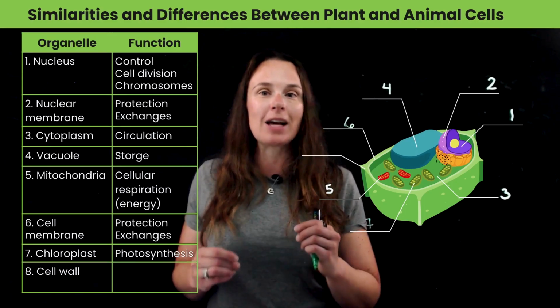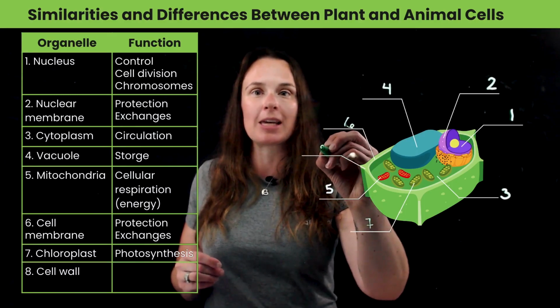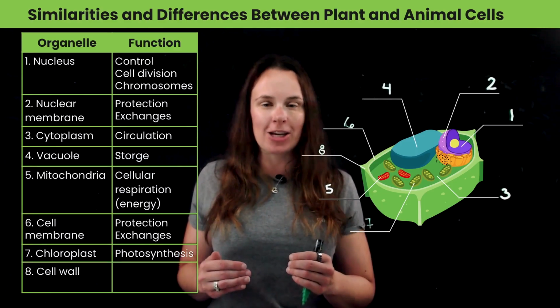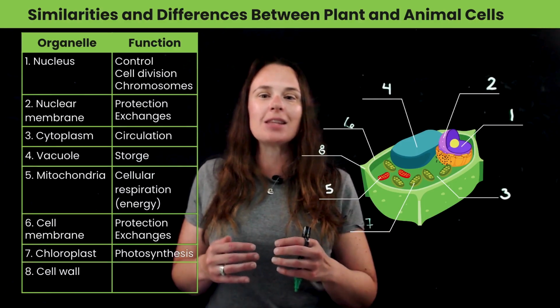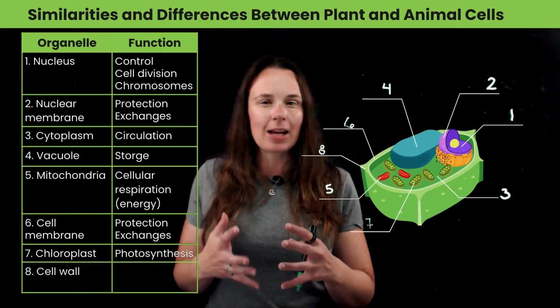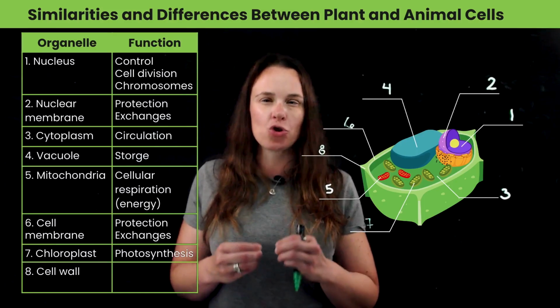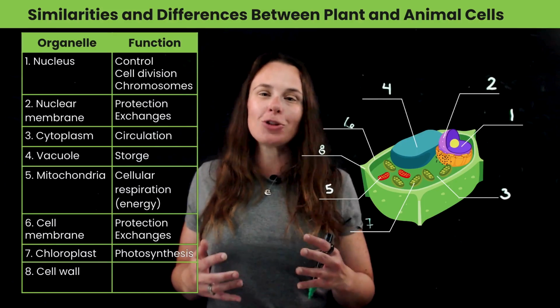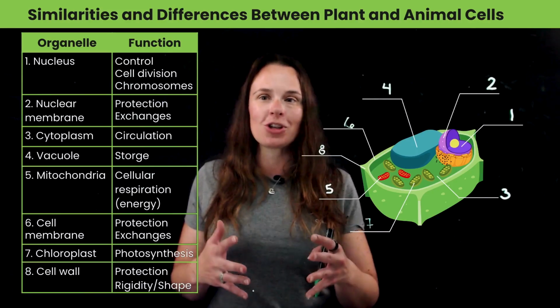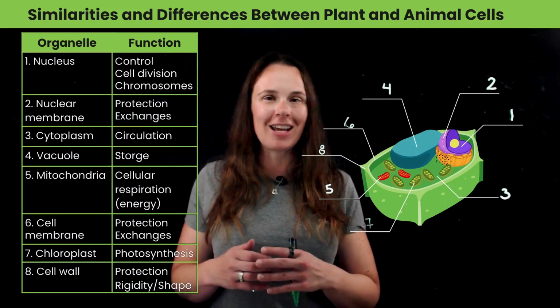But the presence of that cell wall, which is our last blank here, actually gives an extra layer of protection to the plant cell, and it gives it that rigidity, it gives it that form, and like I said, it gives that extra protection. So it makes it that much stronger and tougher. So those are our two main differences, the chloroplasts and the cell wall, which gives us, again, protection and rigidity.